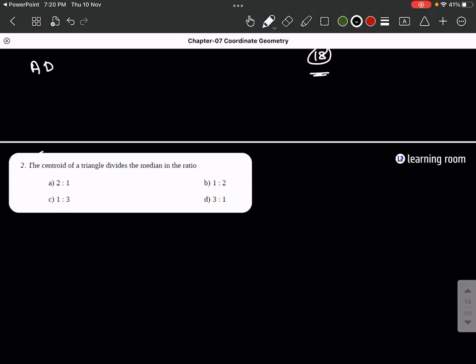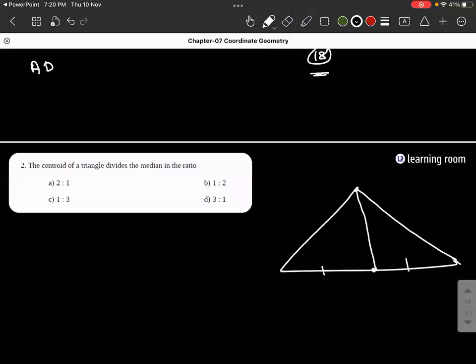So this is a theoretical concept. You know what is a median, right? So what is a median? A line drawn from the vertex which divides the opposite side in the ratio 1:1. Am I right?